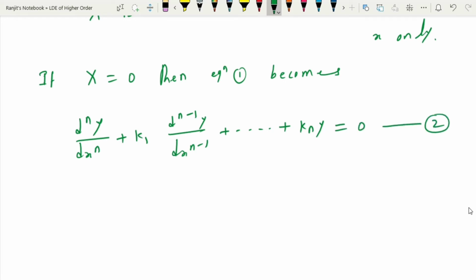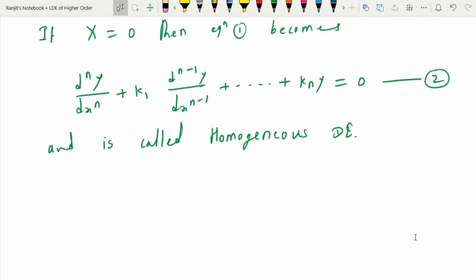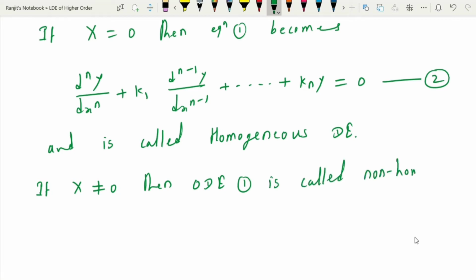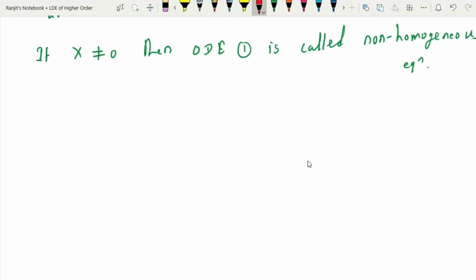This equation is denoted by 2 and is called a homogeneous differential equation. Now if X is not equal to 0, then differential equation 1 is called a non-homogeneous differential equation.